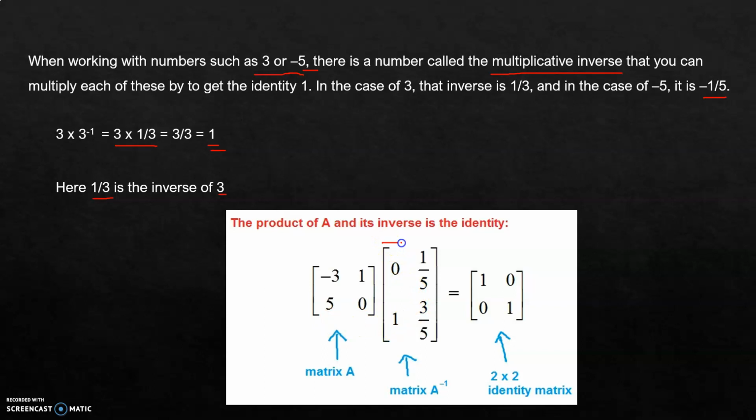The second matrix is the inverse of the first matrix because the product of A and its inverse equals the identity matrix. Let us check how to find the inverse of a given matrix.